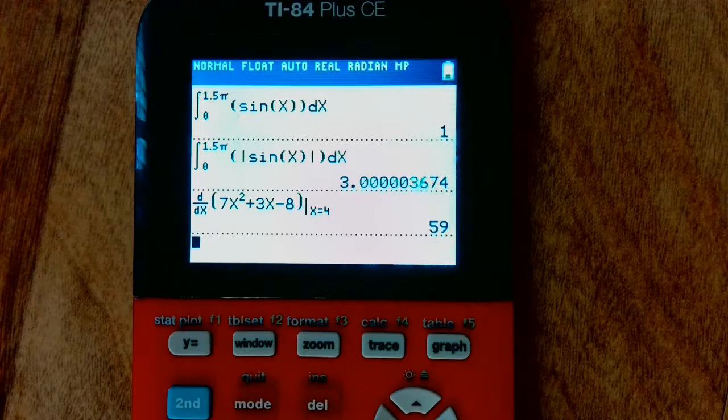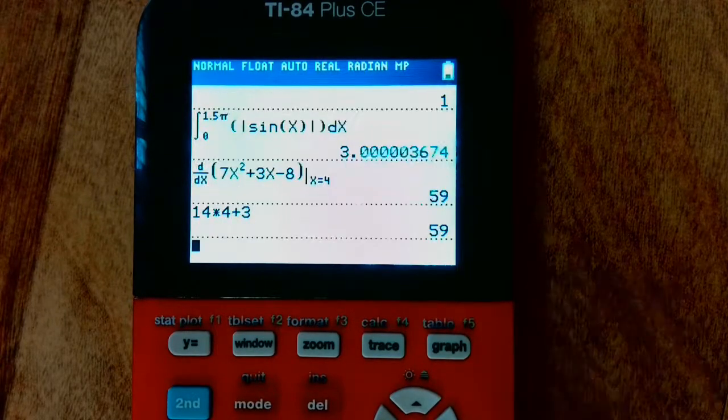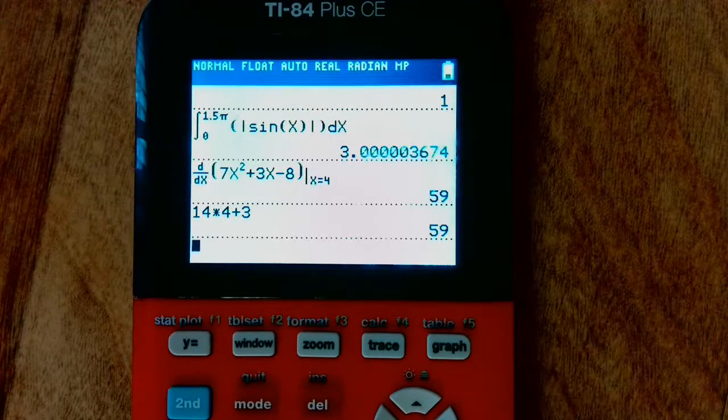But at that point in time, you could just say, hey, the derivative is 14x plus 3. And you could actually do 14 times 4 plus 3 and get the same answer. So it doesn't really save you a lot of time if your derivative is simple. But if you have a derivative that is incredibly long, maybe something with 14 terms or something like that, you could actually use that function to check your work.